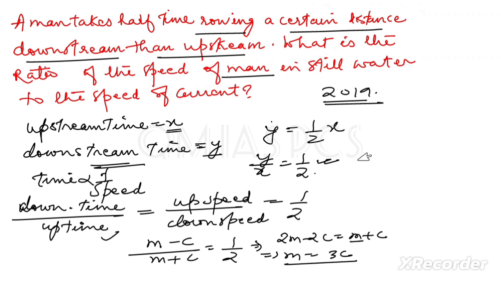Now m by c is 3 by 1, so 3:1 is our answer. If you find this method easy, that's your choice. If you are considering x, y, or some other value, it's up to you. My purpose is to make you understand this approach.